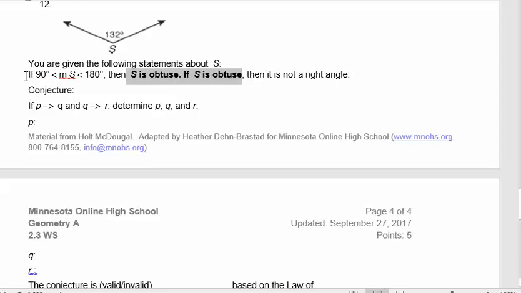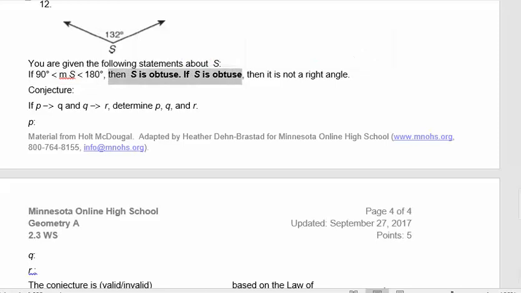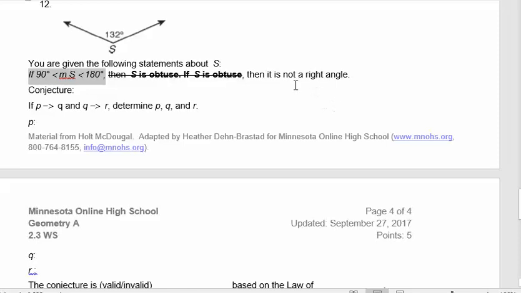We have this hypothesis, then conclusion. If this hypothesis is equal to this conclusion, so we can jump over, here, let me even cross them out kind of. So we can jump over that part and say that if this is true, if the angle is between 90 and 180, then it is not a right angle. So we have to figure out what is the hypothesis of the first statement.